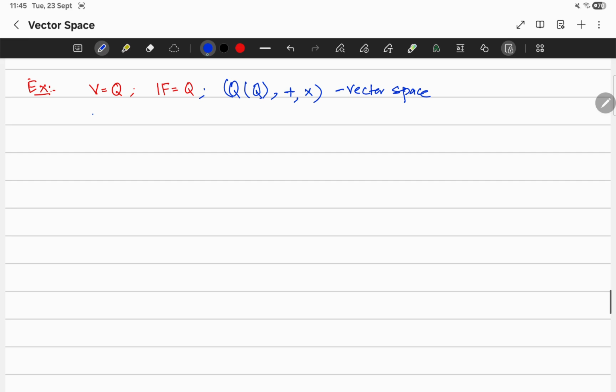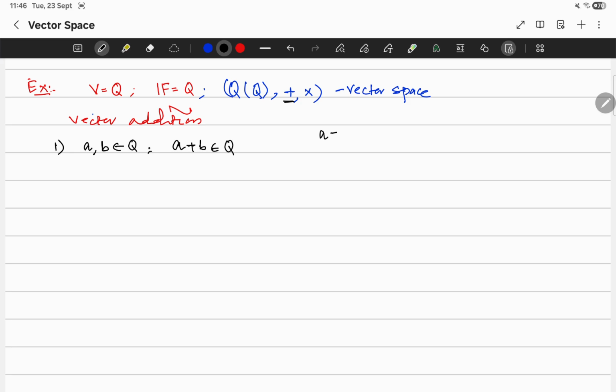For that we have to check the vector addition properties. The first property is that if you take any two rational numbers from Q, then with respect to the first operation plus, a plus b, the sum of the two rational numbers is again a rational number.